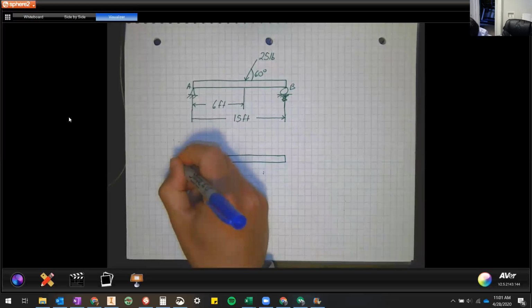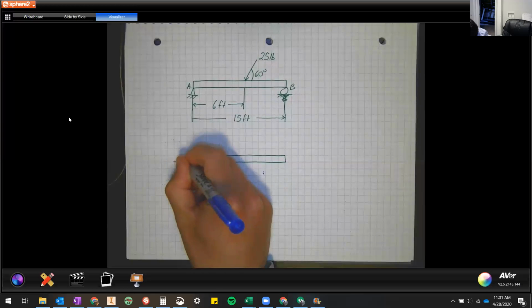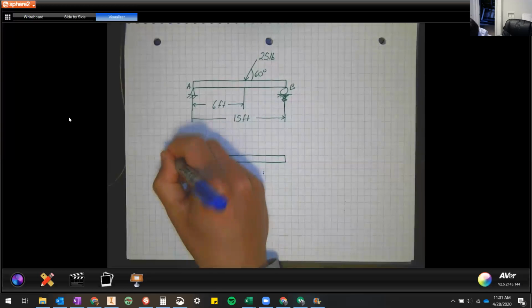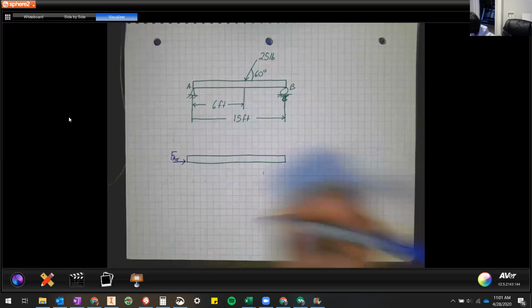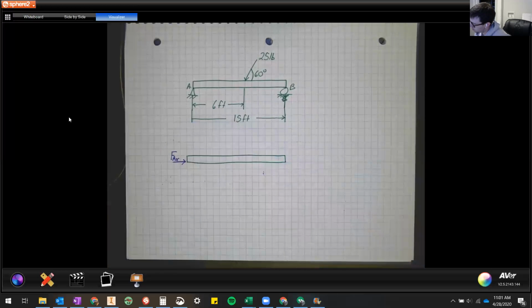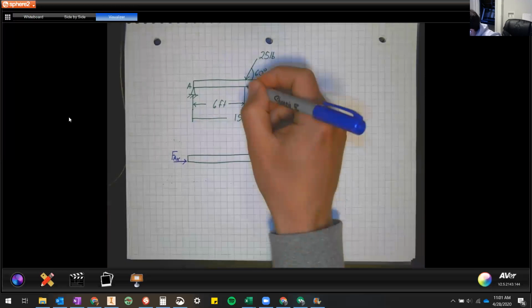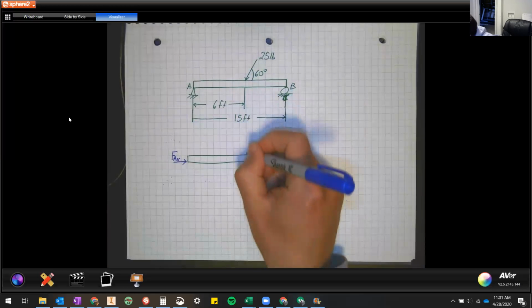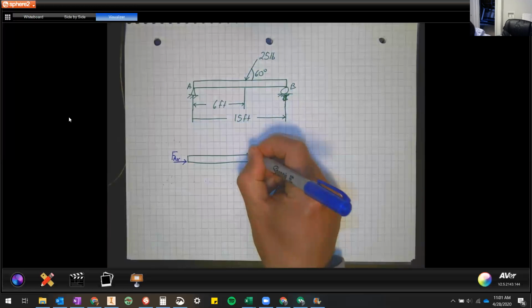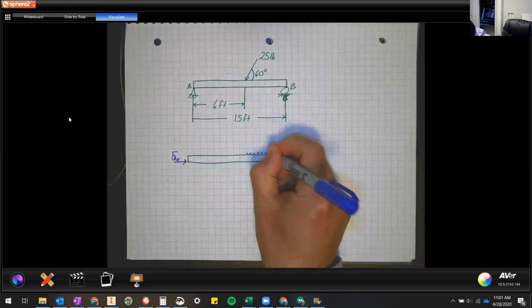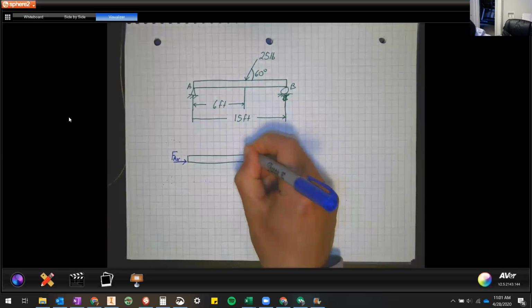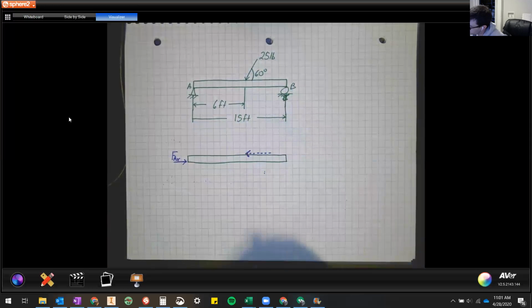So at point A, I would have a reaction force, and I'll call that FAX. And since I have my blue out, I'm going to draw the component of that force, and since it's a component, not a true force, I'm going to draw it as a dashed line.